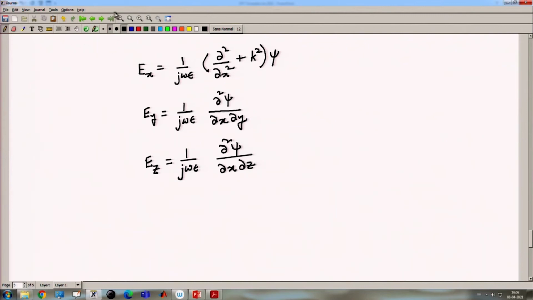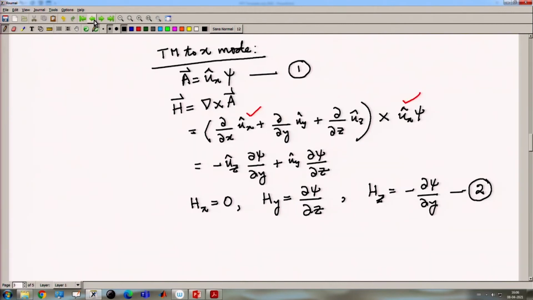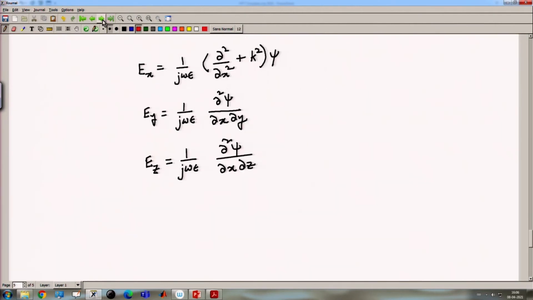Similarly, so therefore, we see that the mode is TM to x because H x is 0, all the other components of the magnetic field are there and also the other components of the electric field are also there.